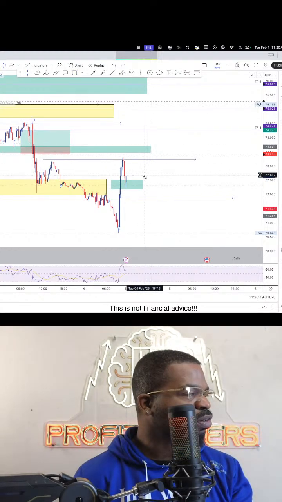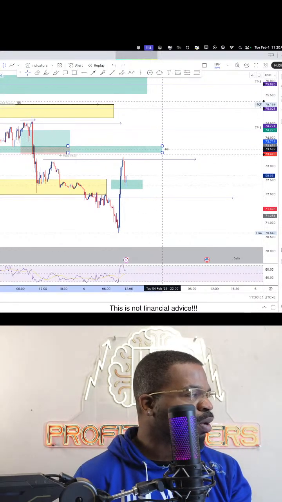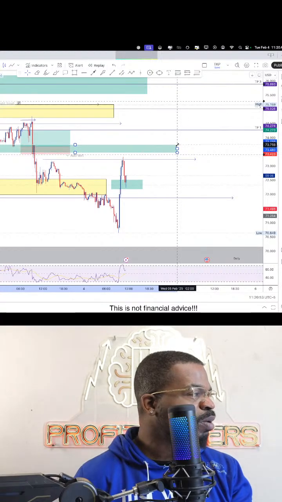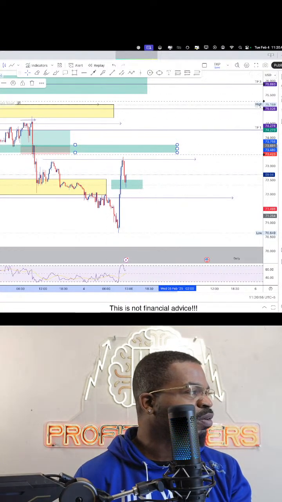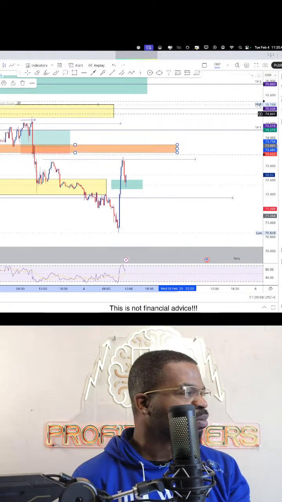Here is still showing pretty much the same thing, that we could possibly get a slight pullback, but most likely to give you another drop.